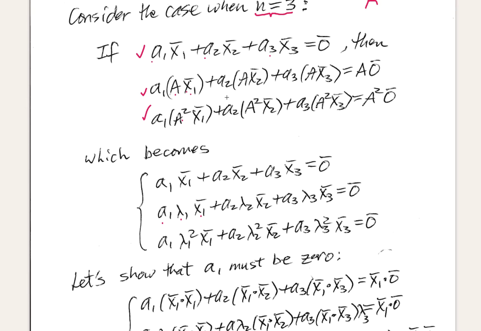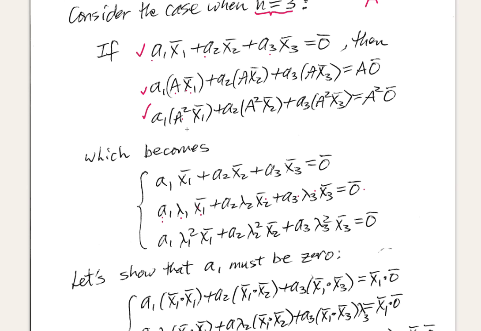And I did that with all of these, so that the first line is a1 x1 bar plus a2 x2 bar plus a3 x3 bar is 0 bar, and then a1 lambda 1 x1 bar plus a2 lambda 2 x2 bar plus a3 lambda 3 x3 bar is 0. On this second one here, you're just going to use the fact that it's an eigenvector. So as an exercise, show that A squared x sub 1 is lambda 1 squared x sub 1, and so on for these other ones.